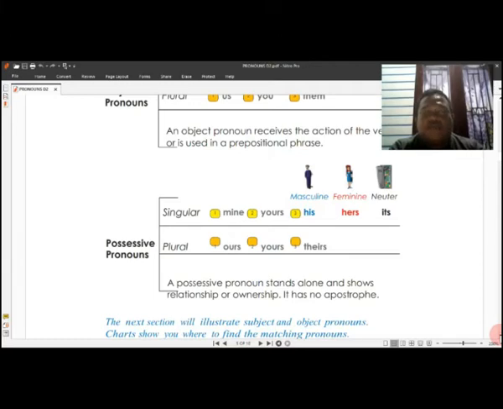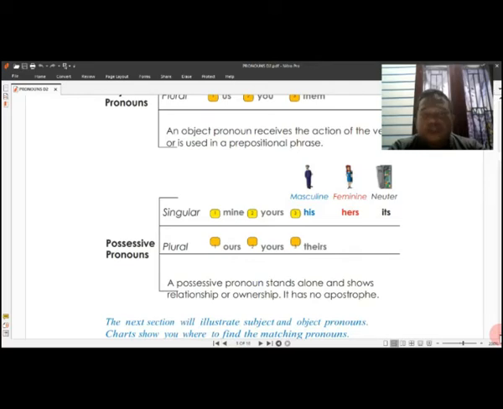That book is my book, and then that book becomes the subject pronoun it, and my book becomes the possessive pronoun mine. So if it is the object that receives the action of the verb, it becomes an object pronoun.